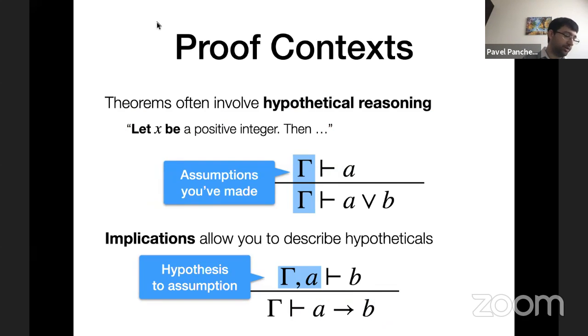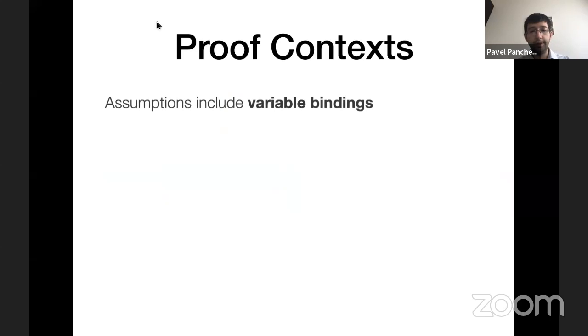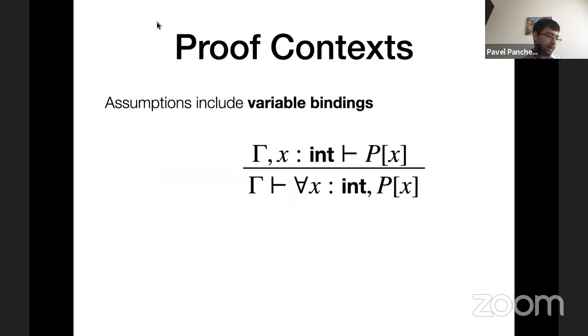And then above the line, you tend to have these bare variables in various contexts. So far, what we've written down in these assumptions are just logical propositions, but we could also add variable bindings to those.